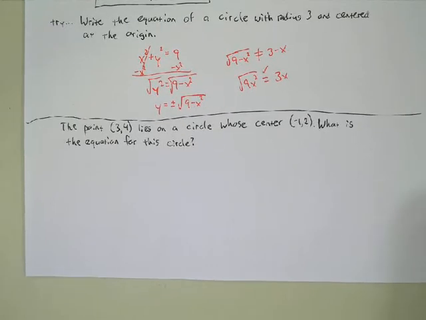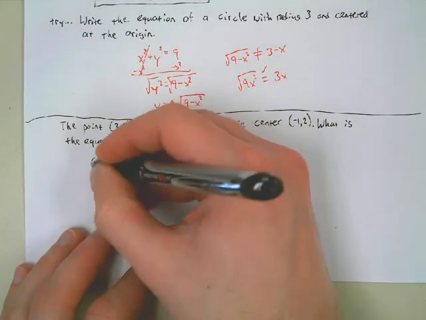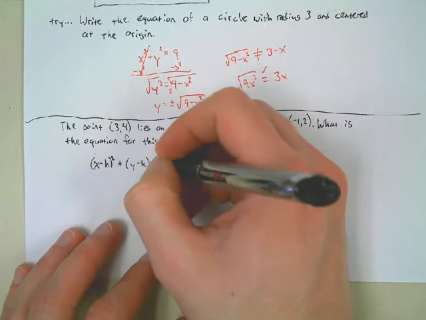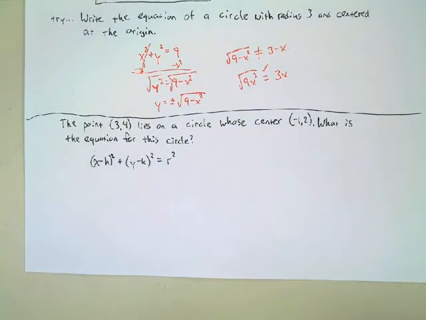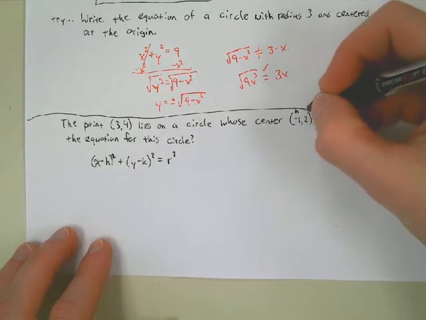Well, okay, the only way we know to write the equation of a circle is x minus h, quantity squared, plus y minus k, quantity squared, equals r squared. So let's plug in what we know. h and k, we know those. h is -1, k is 2. Okay, that's the center.